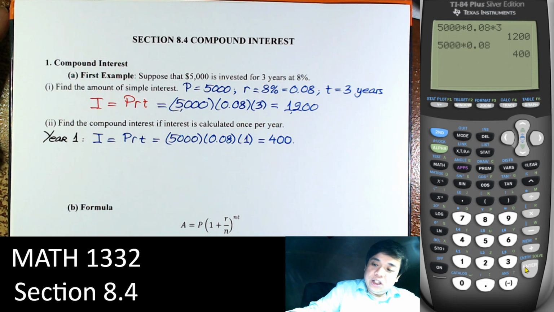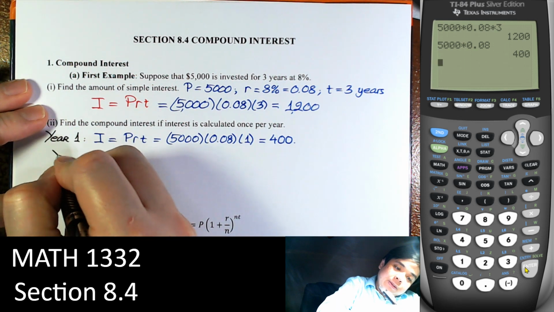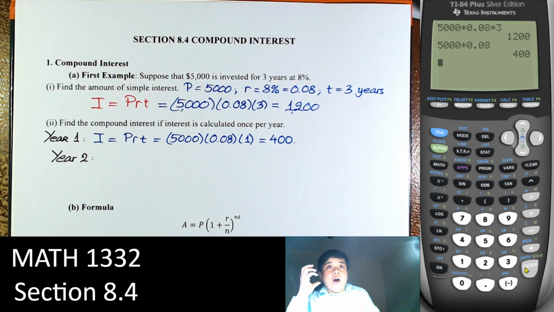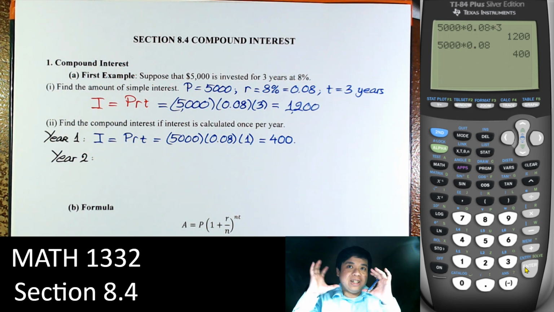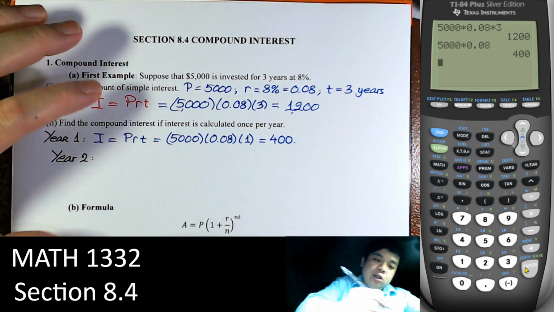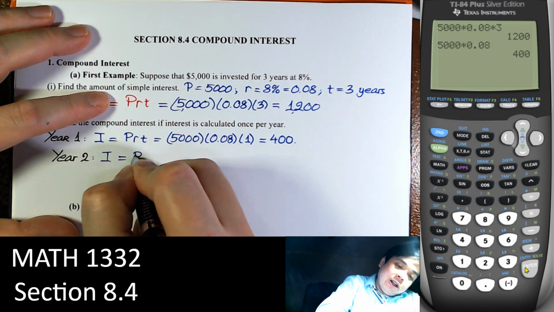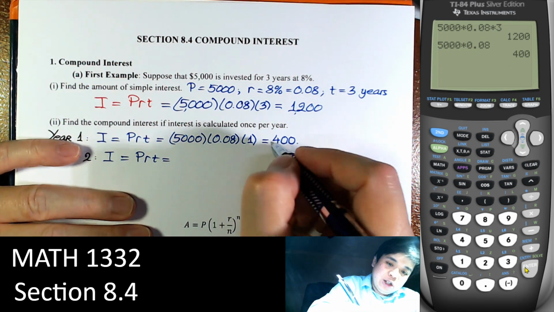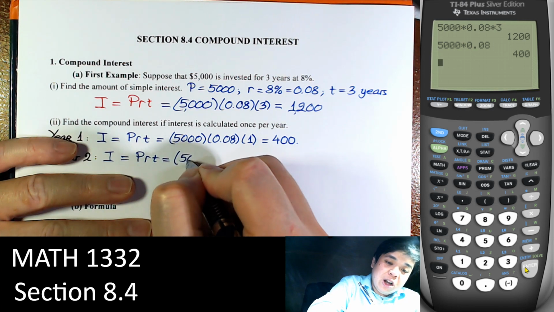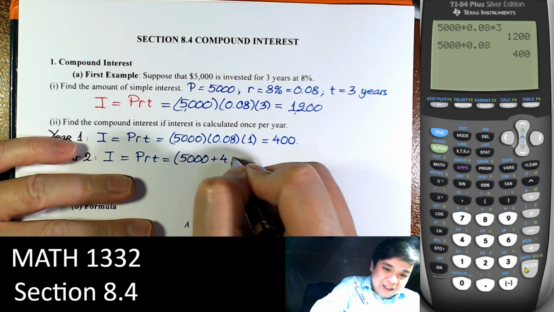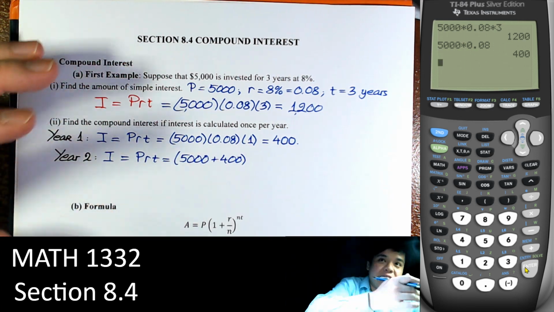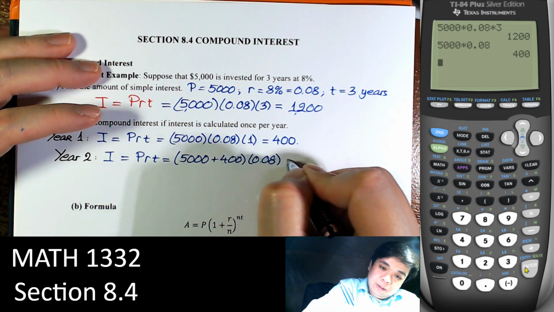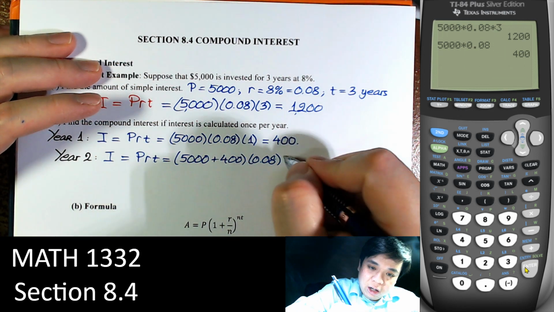But now we go to year 2. Now, what do we do with the 400? Of course, we can take the 400 and put it back in the bank. So this time it is I equals PRT, but now the money after year 1 is no longer 5,000. We earn some interest after that, and we invest the interest after 1 year in year 2, times 1.